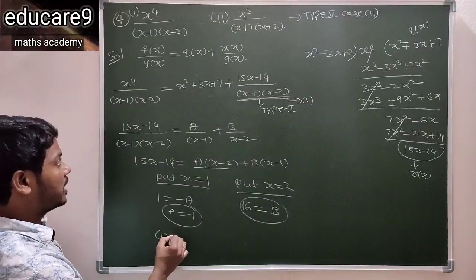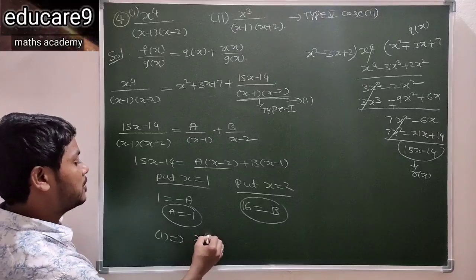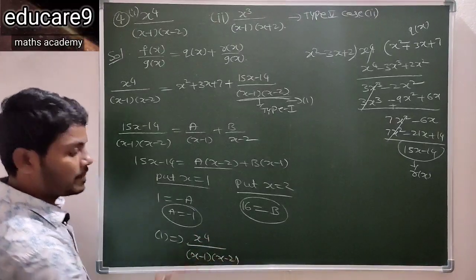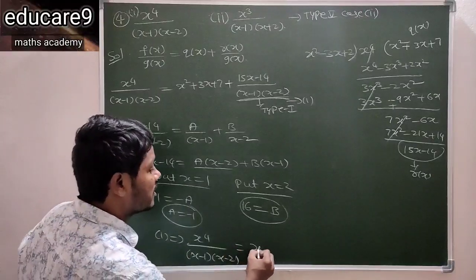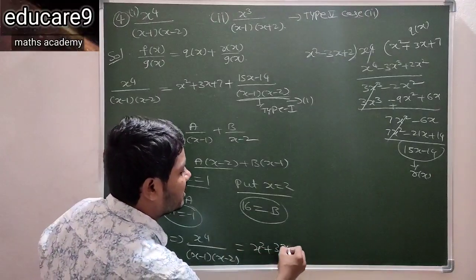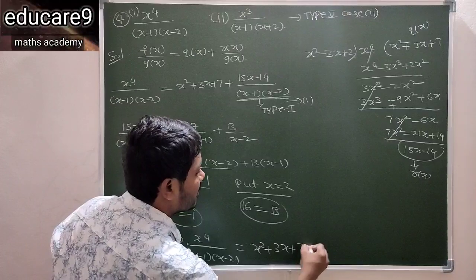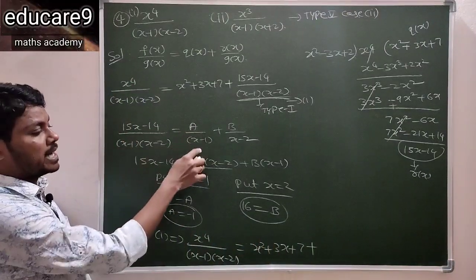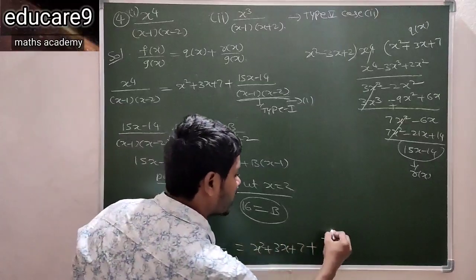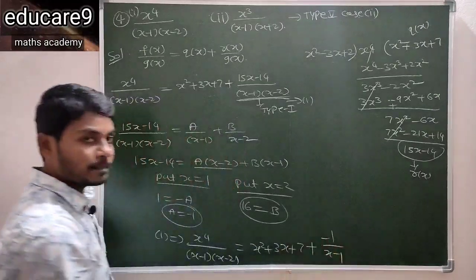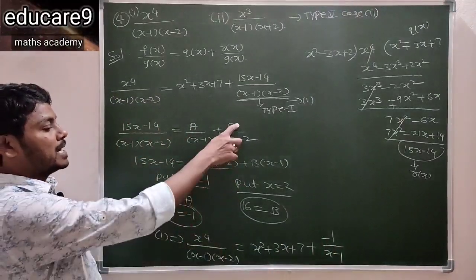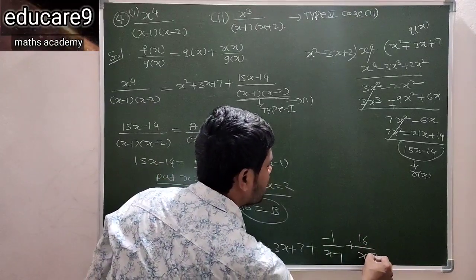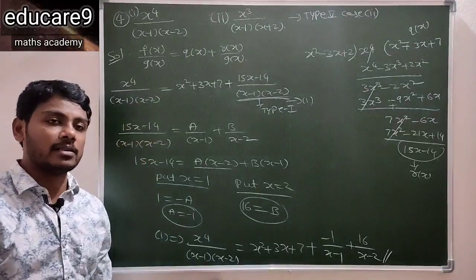Therefore equation 1 implies x power 4 by x minus 1 into x minus 2 is equals to x square plus 3x plus 7 plus, what is 15x minus 14 by x minus 1 and x minus 2, a by x minus 1, that is minus 1 by x minus 1 plus b by x minus 2, that is 16 by x minus 2. So this is the required answer.